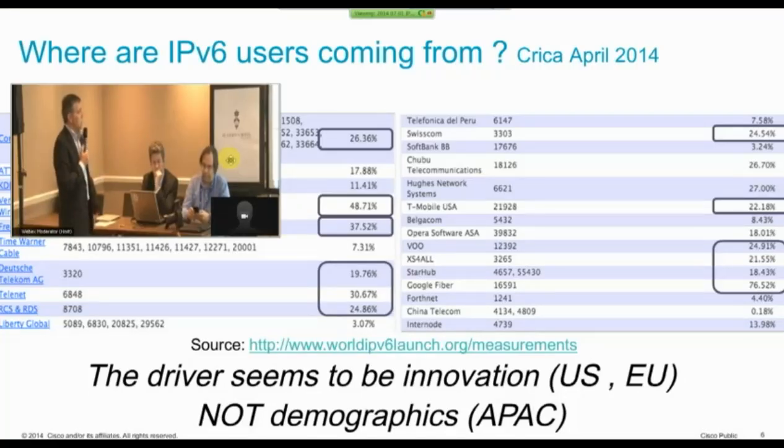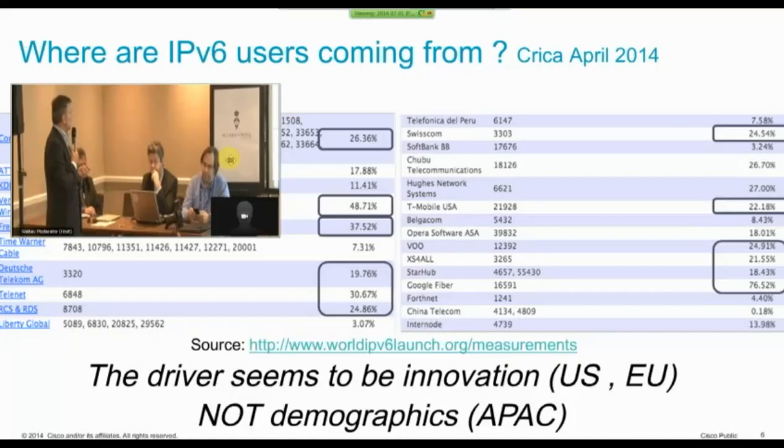So as you can see, those numbers are pretty impressive if you start digging into the details ISP by ISP. The thing that is interesting is that you look at those top 4% and you would say, okay, so the places where they're running out of IPv4 addresses, China and India and Asia. Well, the reality is most of the big deployers of IPv6 are actually in the US and in Europe. They're not in Asia Pac, right?